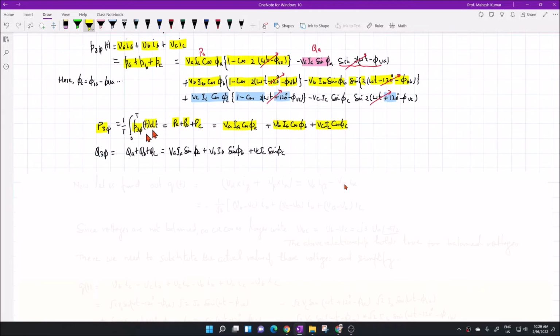And if we find Q three-phase based on the standard definition of reactive power, we define the reactive power as the peak of the p reactive.